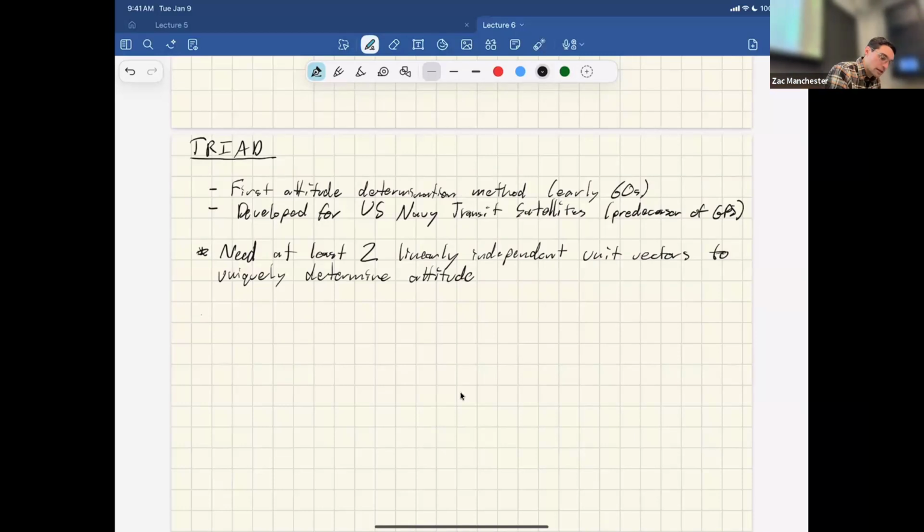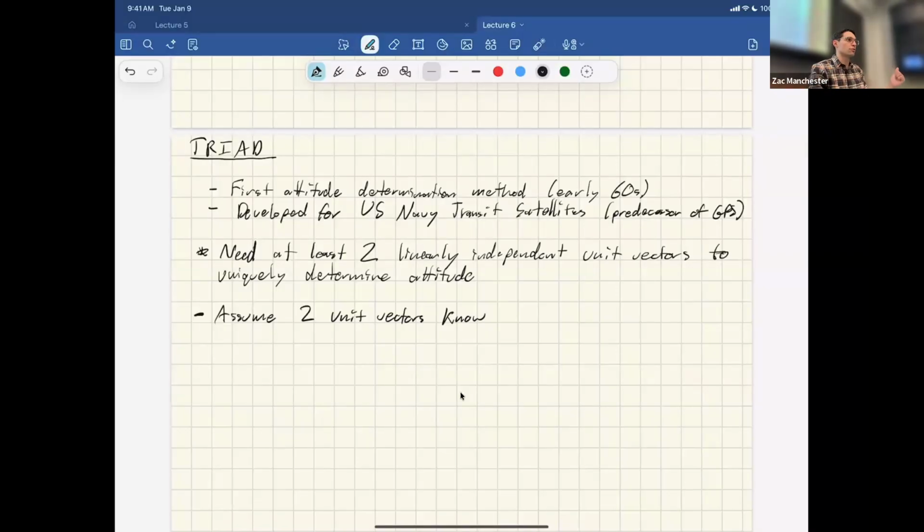Okay, so here's the recipe. We'll assume two unit vectors. The gist of how this works is you need to know them both in the inertial frame and in the body frame. Knowing them in the inertial frame means you have some kind of map. For example, I know the sun vector by knowing the date and the Earth's orbit.